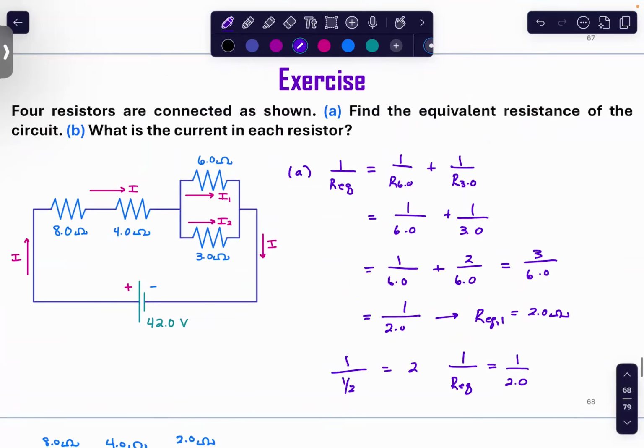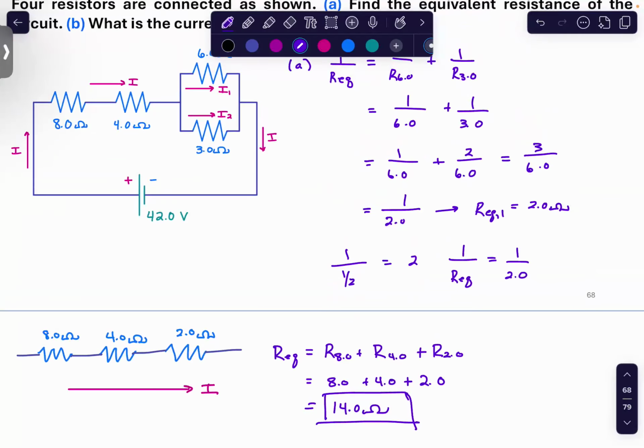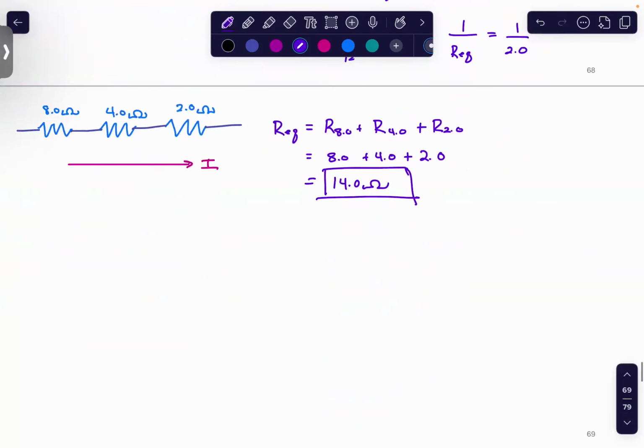Now, part B, what is the current in each resistor? Well, first thing I need to know is total current. Then I need to split it into I1 and I2. So we'll go there. Current.